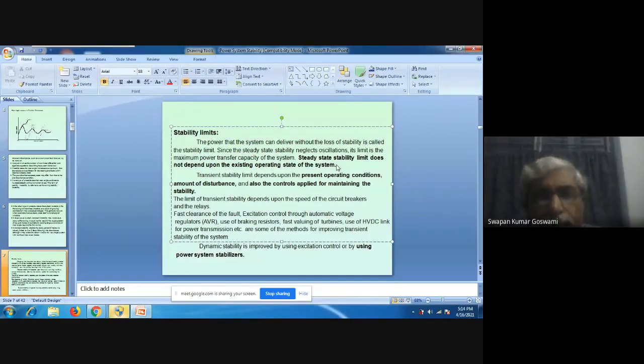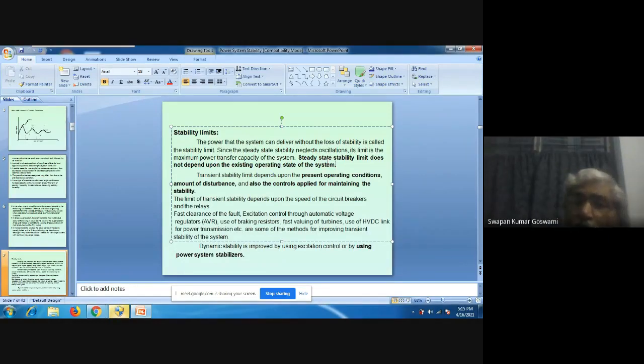If it is a cylindrical rotor machine, then the peak of the power angle curve will represent the stability limit, and therefore this limit does not depend upon the present operating condition. That is why the steady state stability limit does not depend upon the operating condition of the system. Irrespective of the operating condition, the limit is fixed.